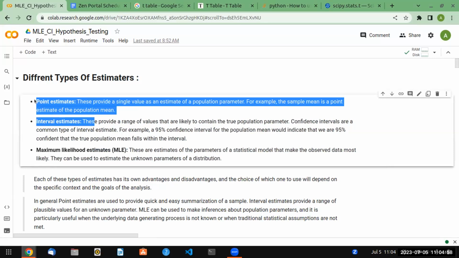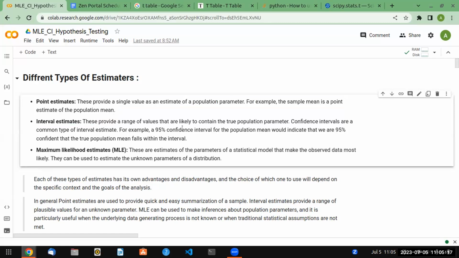If I explain to anyone, Niveda, if we have a large population, we cannot find the mean and variance very easily.